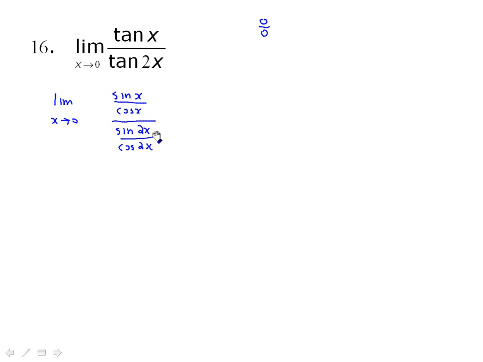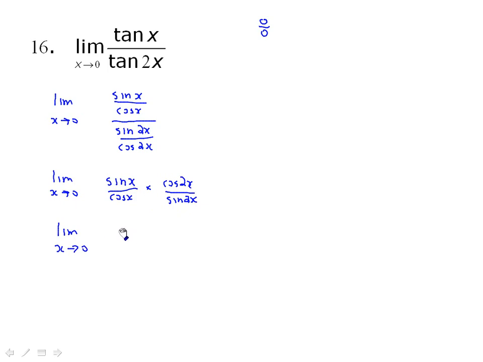And then, if we cleaned up this complex fraction into a single fraction through division, it'd be sine x over cos x multiplied by cos 2x over sine 2x. Now, if we break it up now, the way that we have been doing it in the past, we can get it in a form we want.